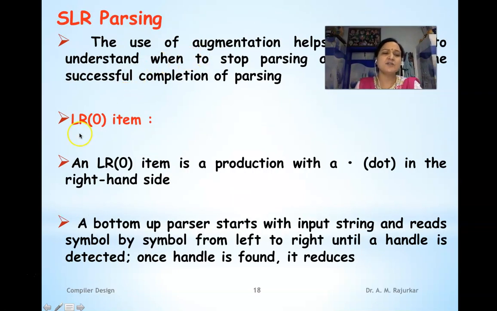Now let's see the definition of an LR0 item. An LR0 item is a production with a dot in the right-hand side. Any production which has a dot on the right-hand side is called an LR0 item.